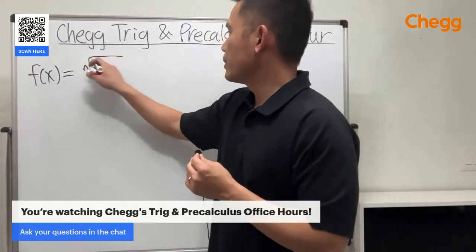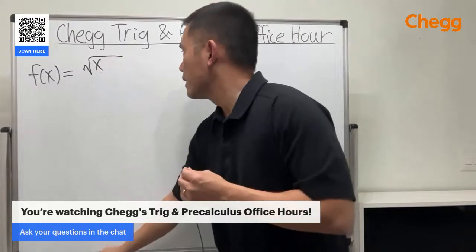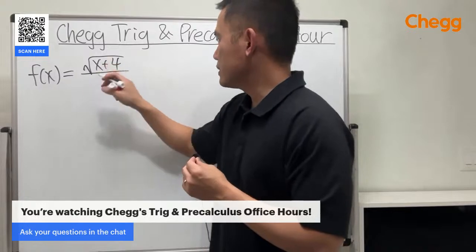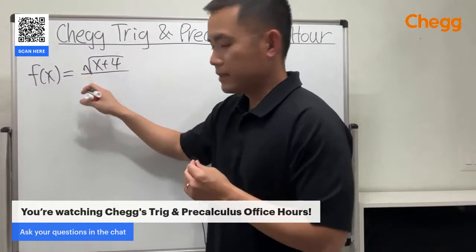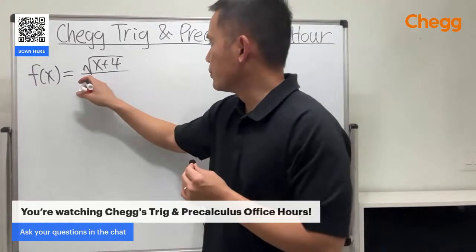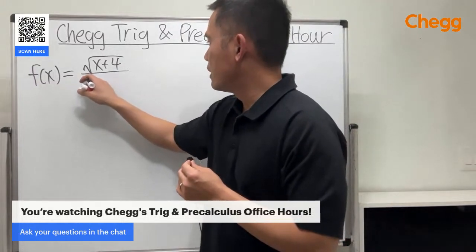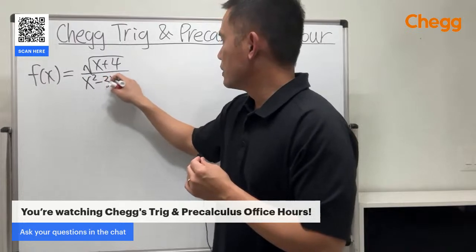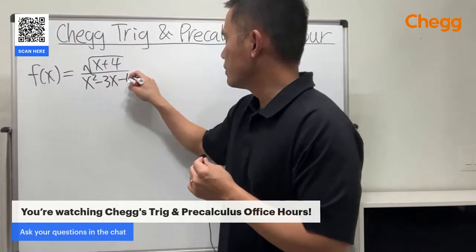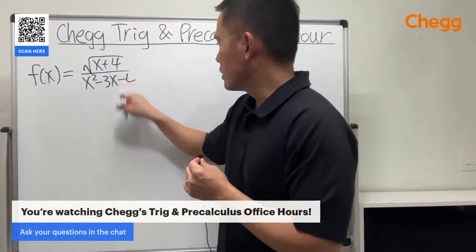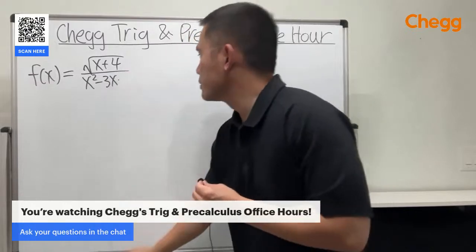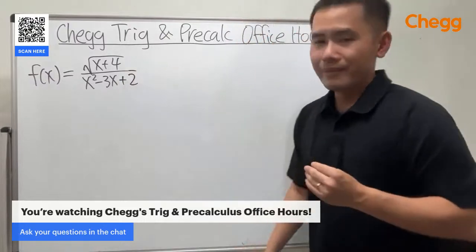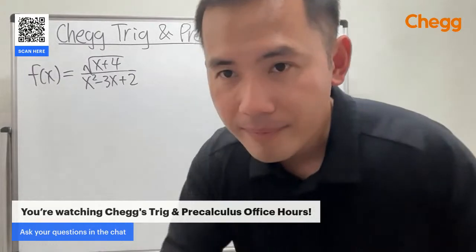Let's do square root of x minus 4 over square root of x plus 4, and then on the bottom, let's do x squared minus 3x plus 2.